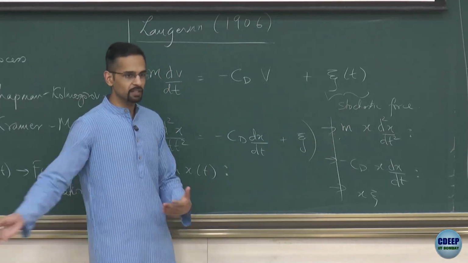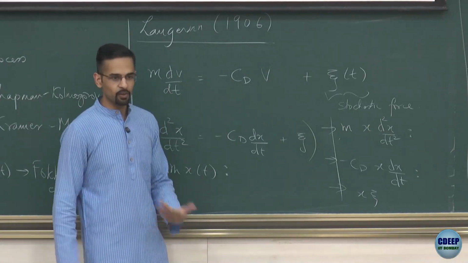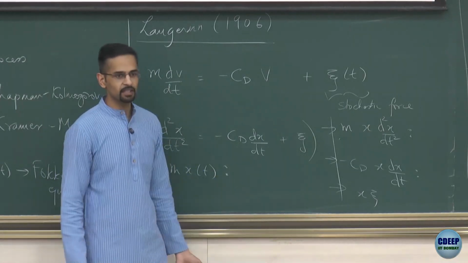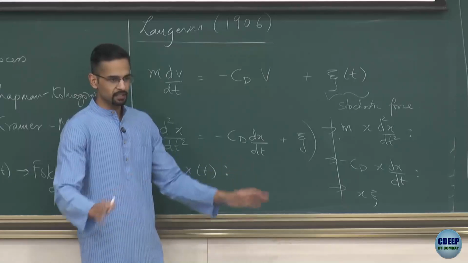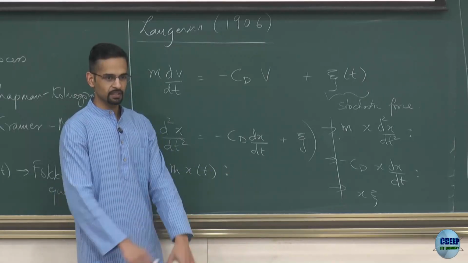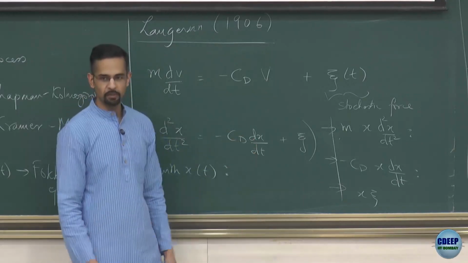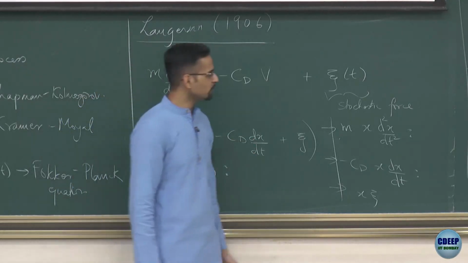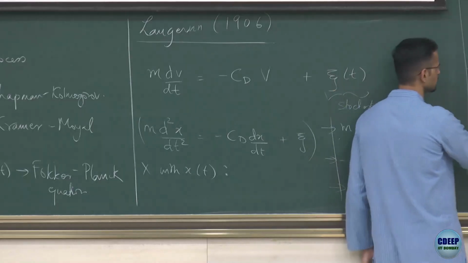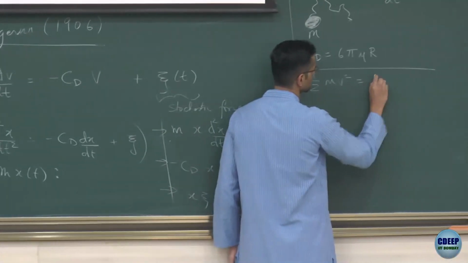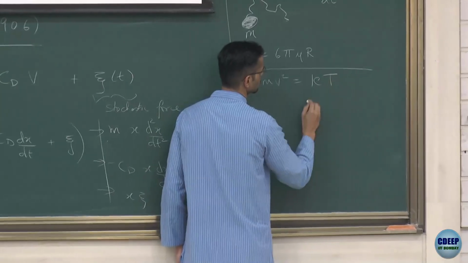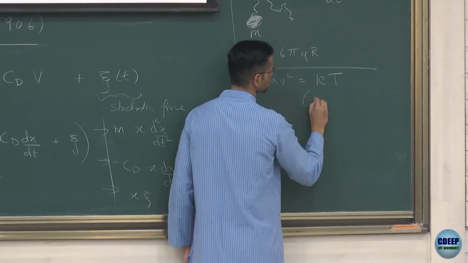What he knows is what Einstein also uses to get the value of the diffusivity, which is that in a thermal bath, if you just put a particle, there's no external force, you just leave it, then the kinetic energy of the particle will equilibrate with the bath such that half mv square of the particle becomes half kT, where this is the temperature.